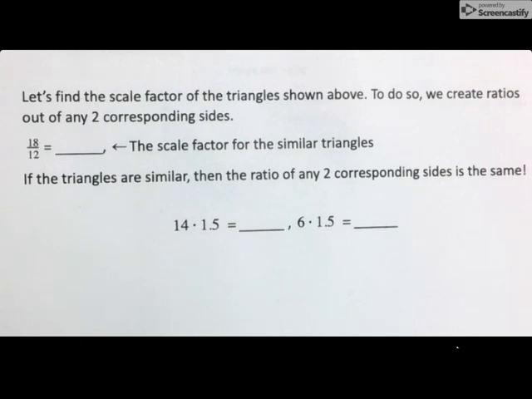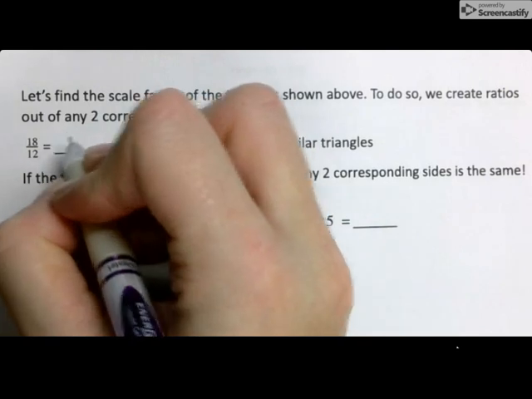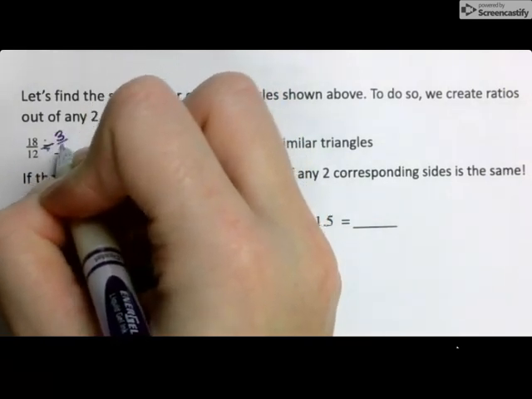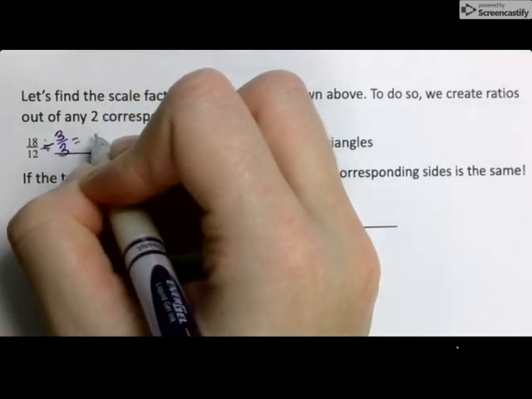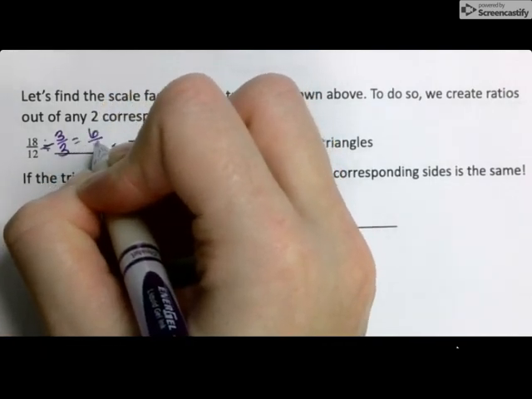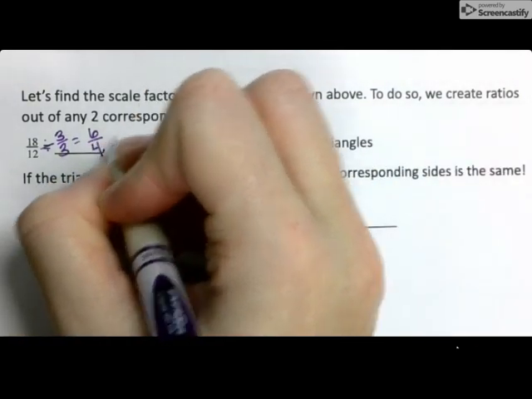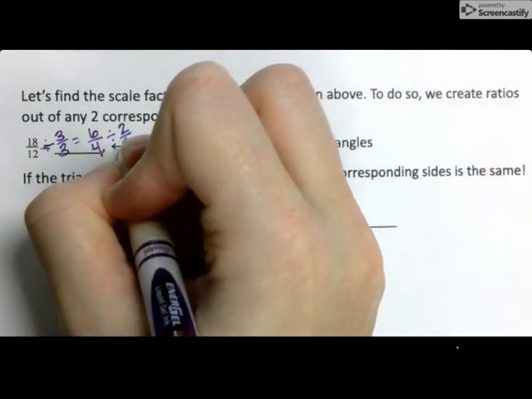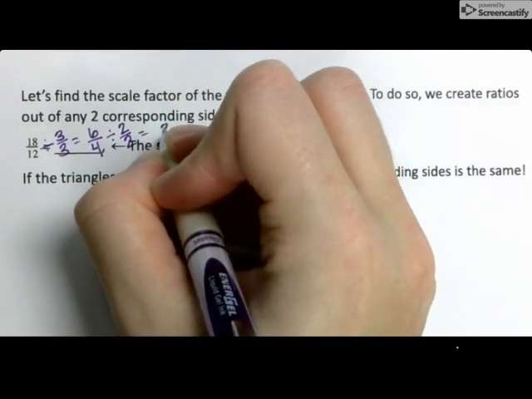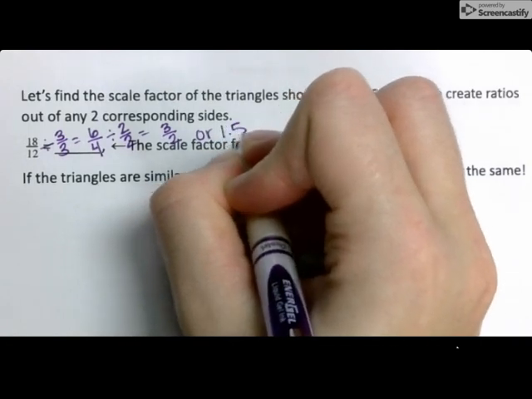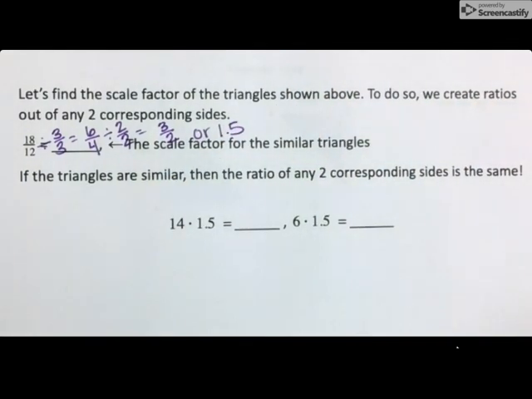Our old is 12, which equals, if you divide both of these by 3, you get 6 over 4. Divide those both by 2, and you get 3 over 2, or 1.5. So our scale factor is 1.5.